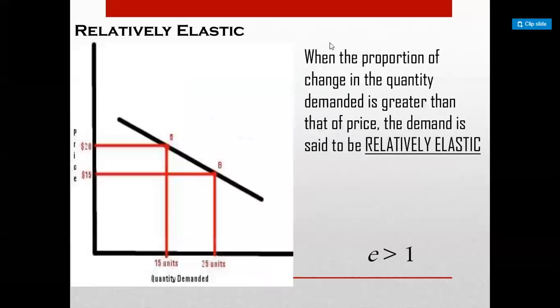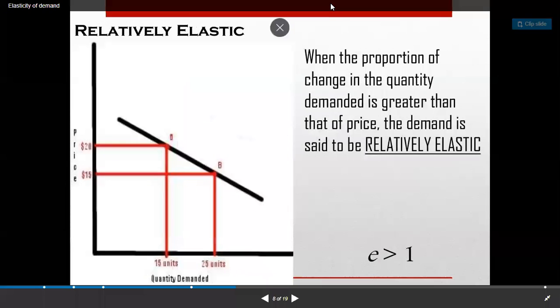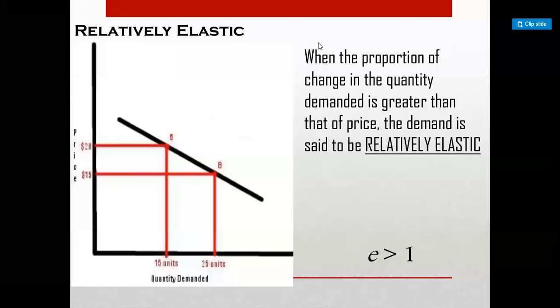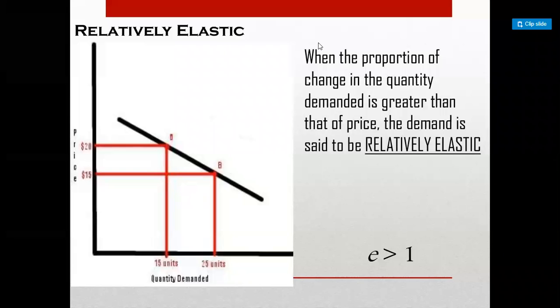Next is relatively elastic demand. In this, when the percentage change in the quantity demanded is more than the percentage change in the price, then demand for such a commodity is said to be highly elastic. In such a case, Ed is greater than 1.